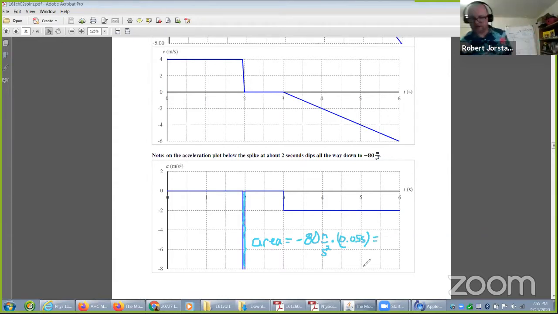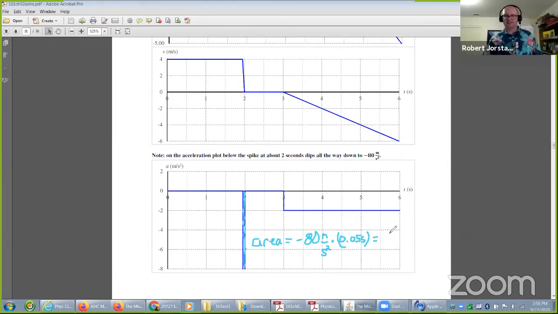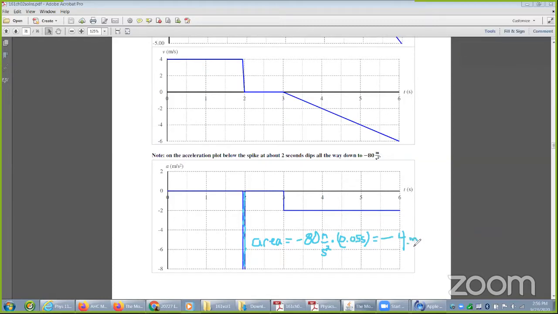Okay. What number does that turn out to be? I'm going to punch it in. I've got a feeling it's -4. Yeah, because we already did that calculation. So this turns out to be -4, but give me the units. Meters per second.